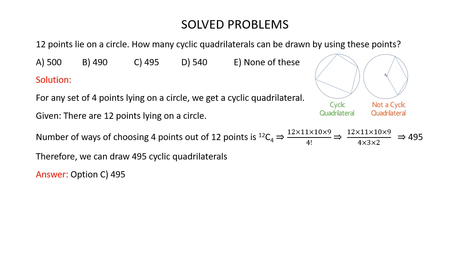Now on solving this we get 495. So we can draw 495 cyclic quadrilaterals from the given 12 points which lie on the circumference of the circle. So the correct answer is option C, 495.